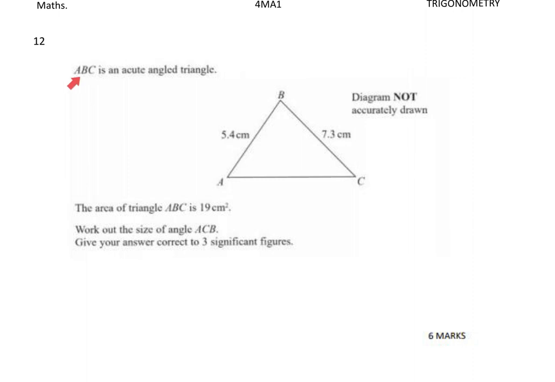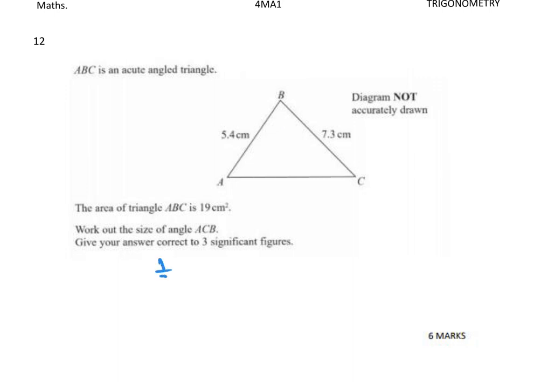Number 12. ABC is an acute angle triangle. AB equals 5.4, BC equals 7.3. The area is 19 centimeters squared. How to find the area of a triangle? Half times side times side times sine of the included angle.